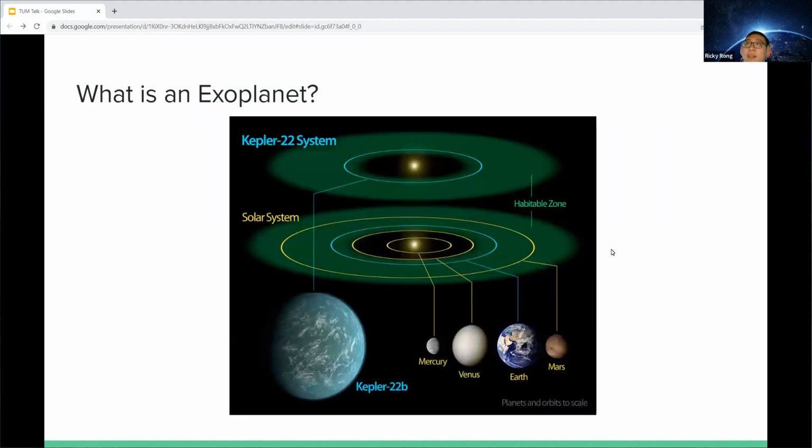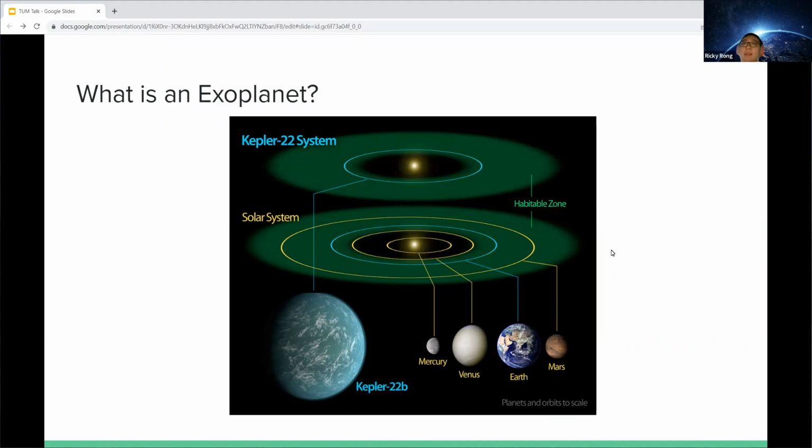Something interesting I'll share as a side: I found this cool illustration of Kepler 22b, which is interesting because Kepler 22 is one of the systems found by Kepler, which is one of the missions for the source data we're using. Kepler 22b specifically is a super Earth in the habitable zone.